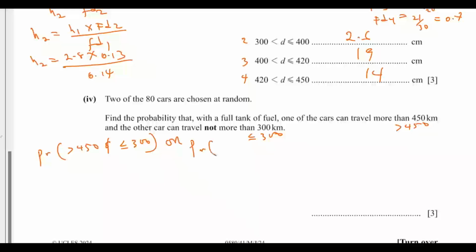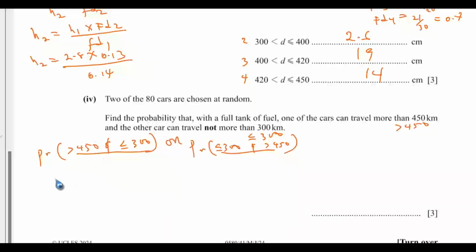The first one being less than or equal to 300, and the second will be greater than 450. So you have a two-way thing.